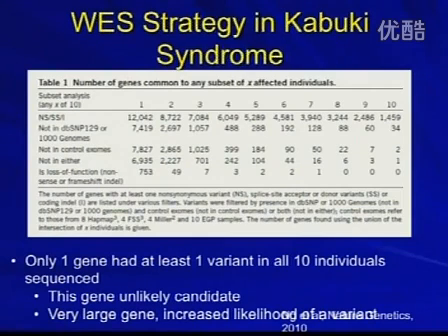About 7,800 of them are not in control genomes. If we say they can't be in either, we get to a little under 7,000. And about 753 of them are predicted to result in a loss of function. That's a lot of things that we're still dealing with, probably more than we can manage.